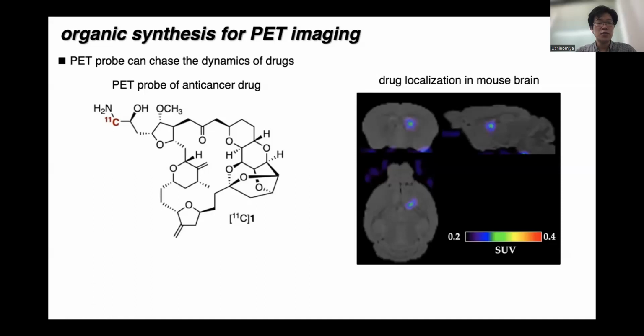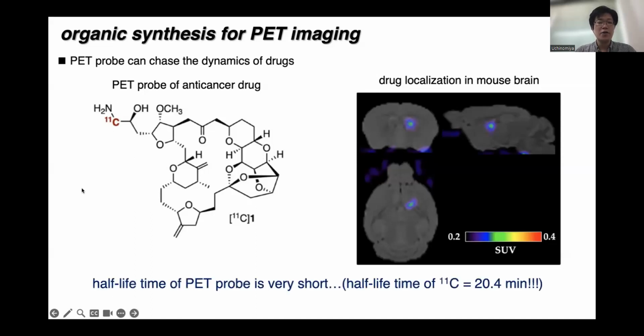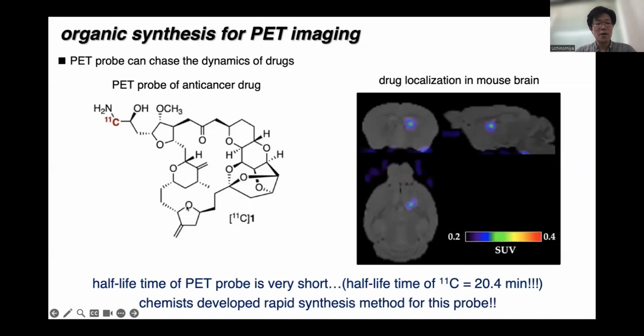This PET probe has the radioactive isotope here, so we can directly observe the localization of this drug. However, the half-life of the PET probe is very short, actually only 20 minutes. So chemists developed a rapid synthesis method for this probe.